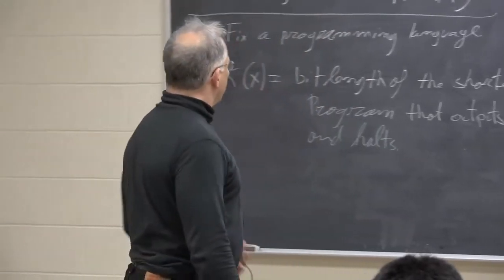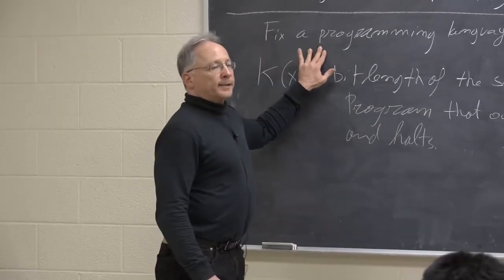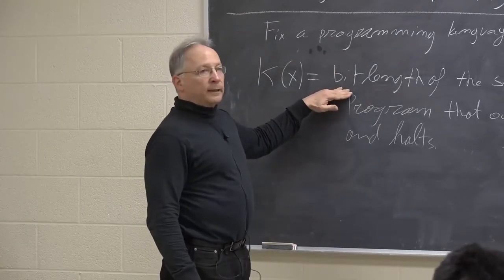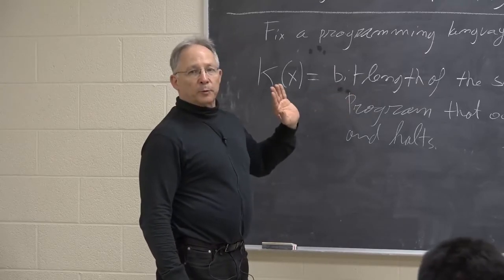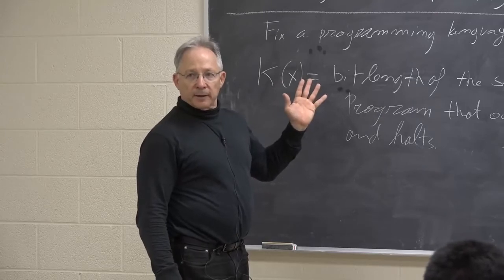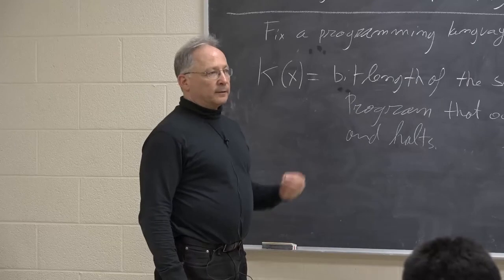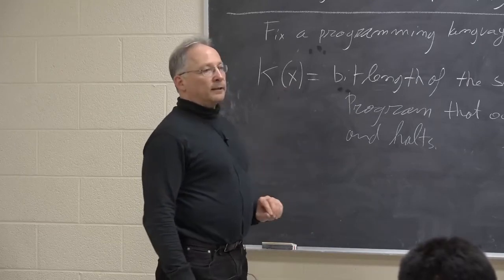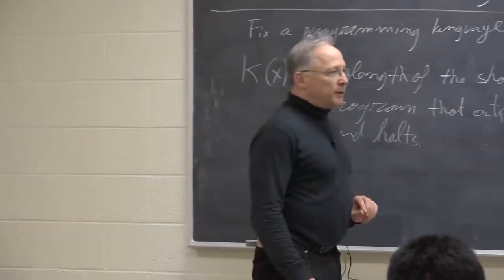So in order to avoid this paradox, we fix the programming language, and instead of just saying describe the string x in English, we say write a program that will output x. But it's the same thing. You just describe x in some well-defined way. So that's the Kolmogorov complexity of a string.